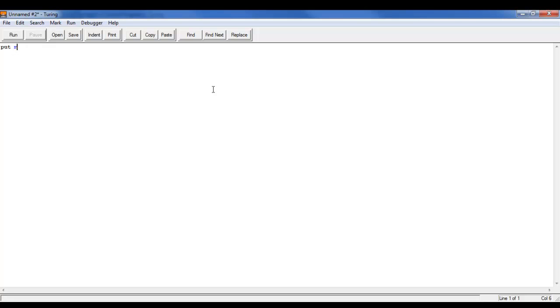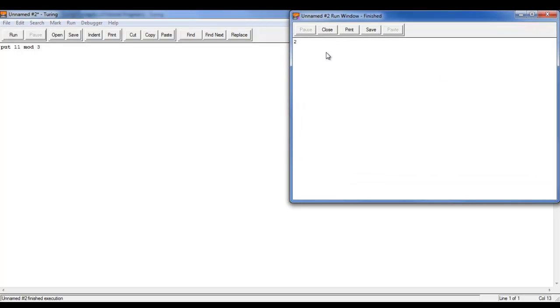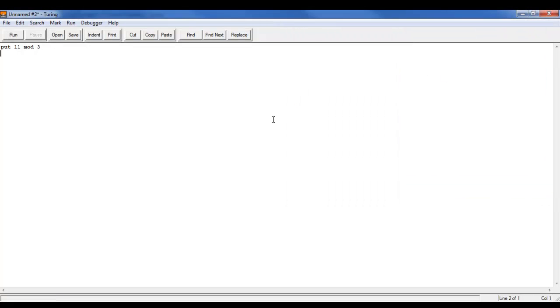And now there's another thing called mod. If I do 11 mod 3, then that is 2. What mod does is it gives the remainder when you divide 11 by 3: 3 goes into 9, and the remainder is 2.